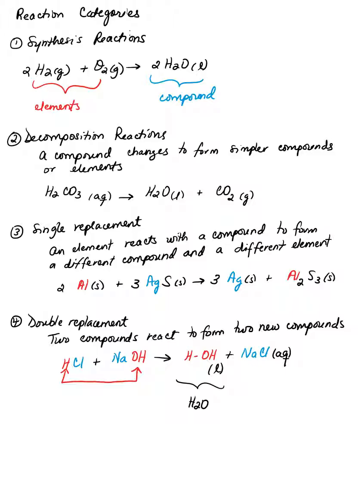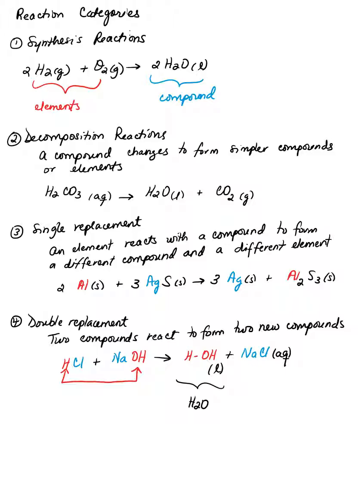The decomposition reaction is kind of the opposite of the synthesis reaction. For decomposition, you have one substance that is being decomposed into simpler substances. So you have a compound being decomposed into its elements, or a compound like the example that I'm giving you, carbonic acid here, that forms water and carbon dioxide.